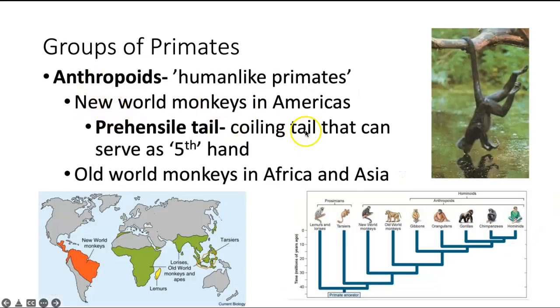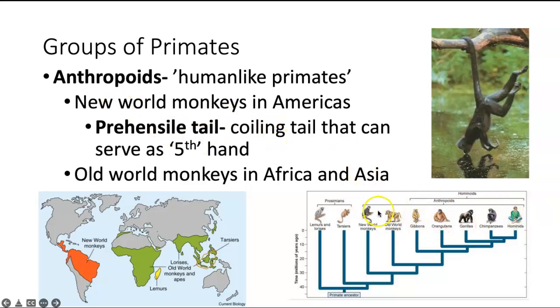Anthropoids are human-like primates. These include New World monkeys and Old World monkeys. These are these guys right here, as well as us and these guys. This is a different subset.